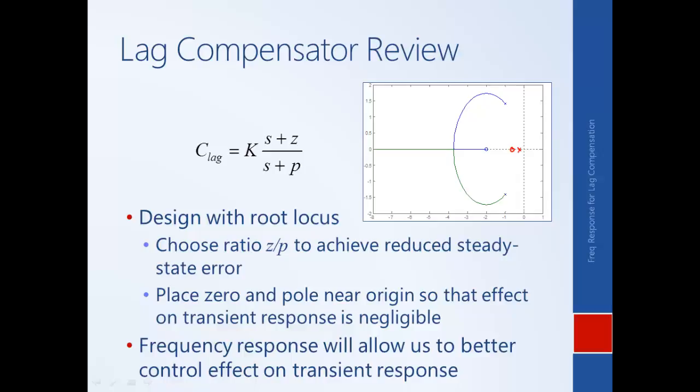At this point, we're actually going to use frequency response to not only achieve the desired steady state response, but also to affect the transient response in a way that we want. Whereas with the root locus, we just tried to not affect the transient at all, with frequency response, we will be able to control to some degree what the effect of the lag compensator is on the transient response.